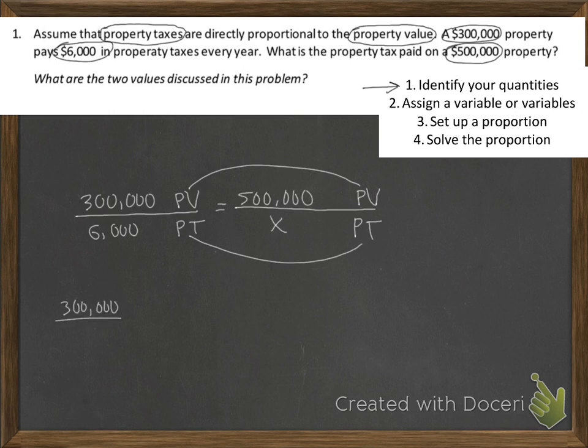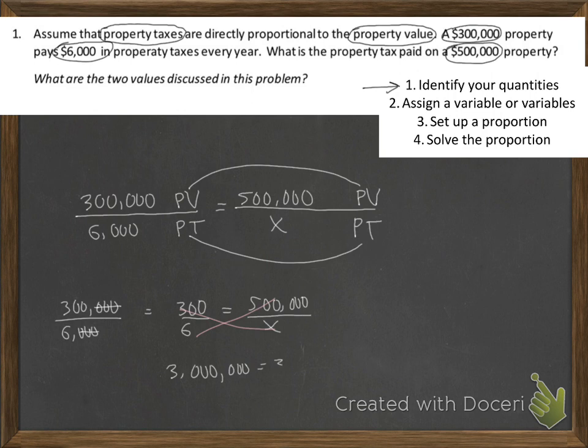Now hopefully you can see this is a very boring, simple equation, a proportion. And of course we can simplify it by crossing out some of these zeros. That might help us a lot. If we cancel out 1,000, we get 300 over 6 is equal to 50,000 over X. You don't have to cancel out if you don't want to; it just saves you a little bother. Then we cross multiply and solve. 6 times half a million is 3 million.